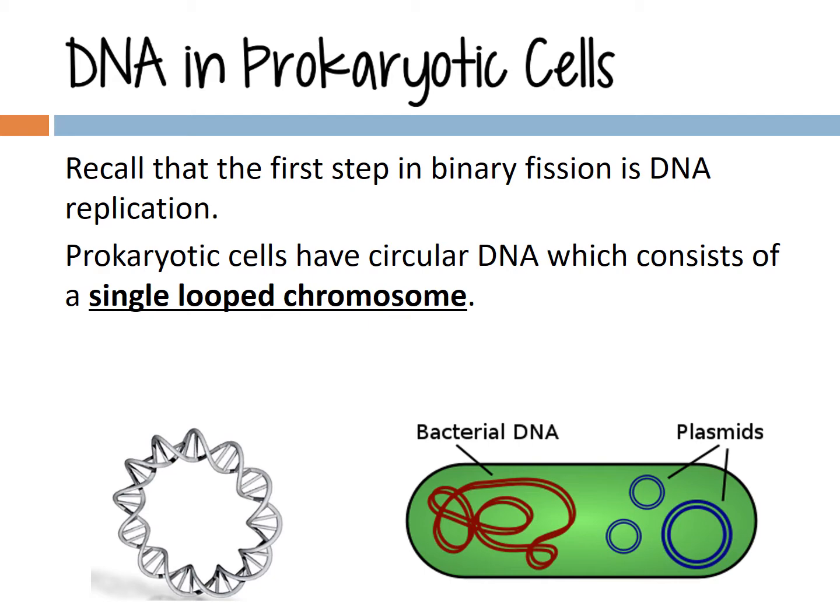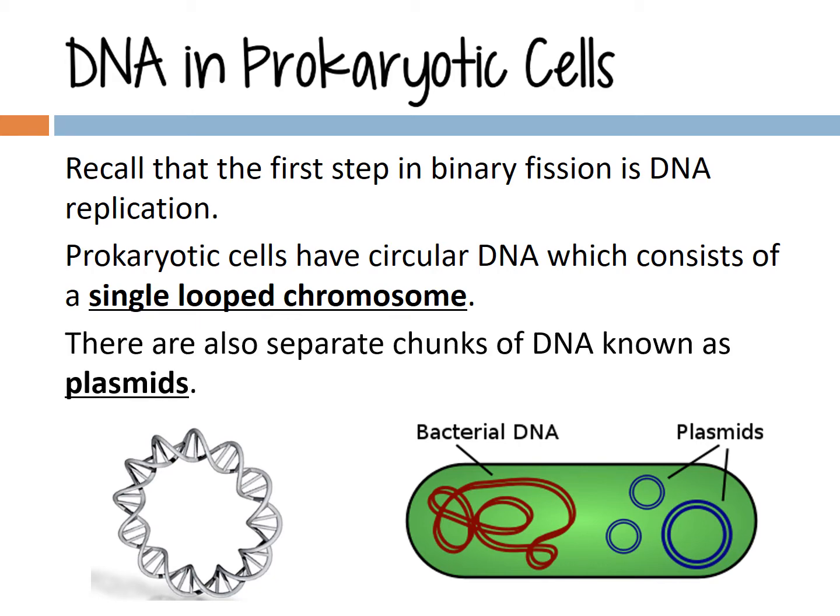So recall that the first step in binary fission is DNA replication. Prokaryotic cells have circular DNA, which consists of a single loop chromosome. There are also separate chunks of DNA that are known as plasmids. So on your drawing of the DNA molecule, I want you to write bacterial DNA in the first box.